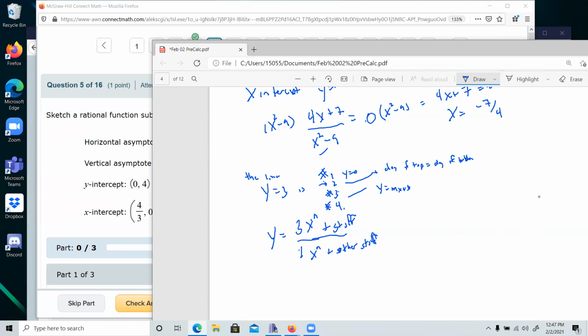They might be 1, but whatever they are, they have to be the same. So if they're squared, they both have to be squared. If there's 1, they both have to be 1. And we know it's 3 because 3 over 1 is how we're getting our asymptote. Technically, it could be like 6 over 2, but generally we're going to try to keep it as simple as possible.